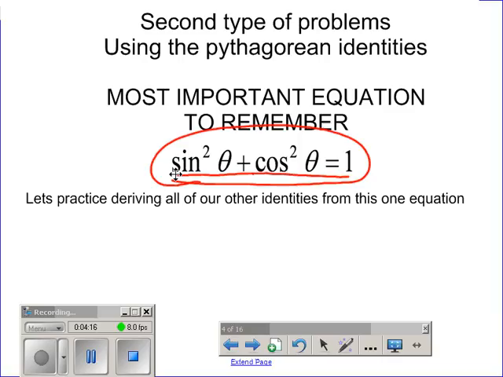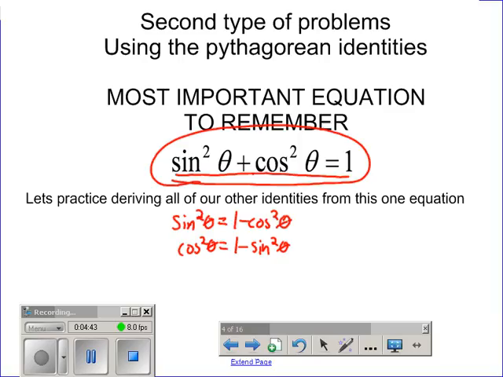Say we subtract the cosine squared, and I'm left with sine squared theta equals 1 minus cosine squared theta. Or if I do it the other way around and subtract the sine squared, I have cosine squared theta equals 1 minus sine squared theta.